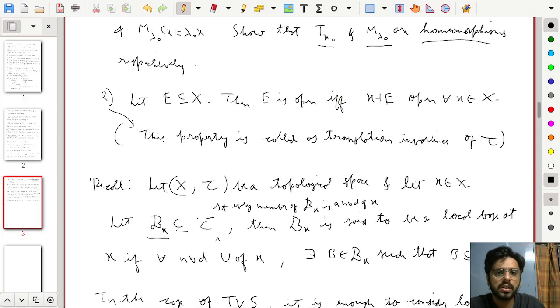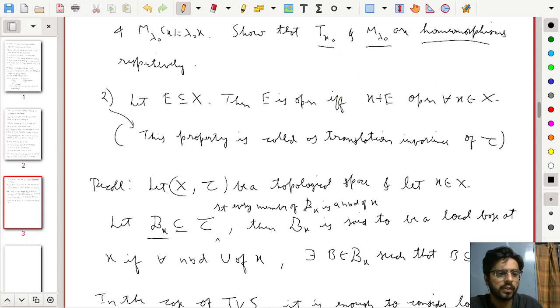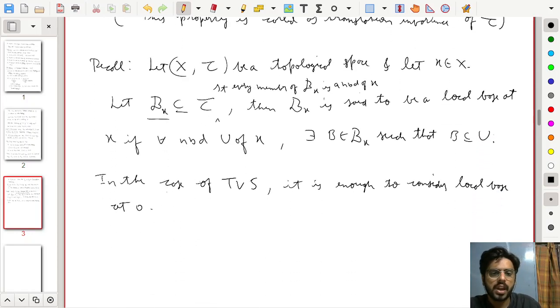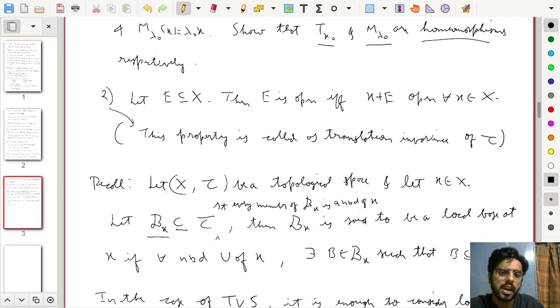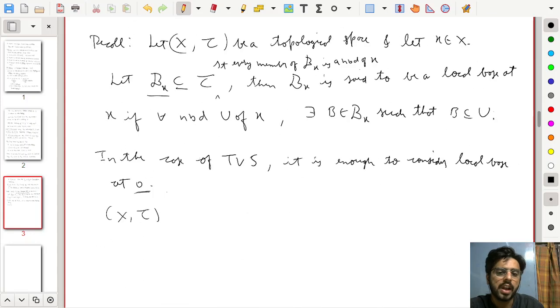This is because of the translation invariance property of tau, right? If we have a topological vector space (X, tau), then instead of considering a local base at any random point, we can consider a local base at 0, because once we have a local base at 0, we will have a local base at every other point of X, right? You understand what I am telling?